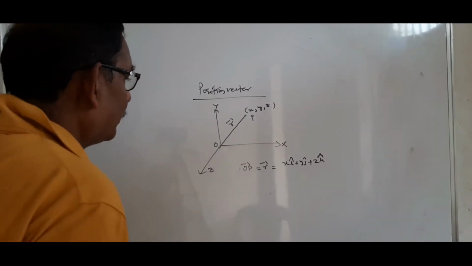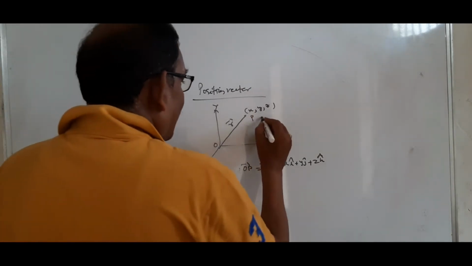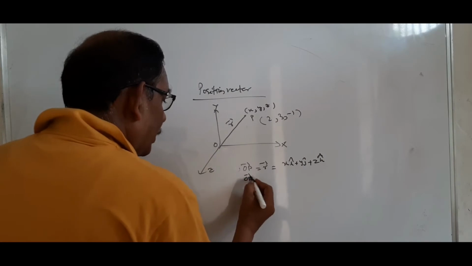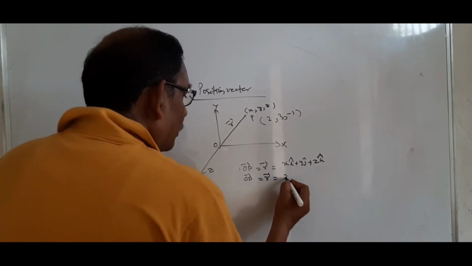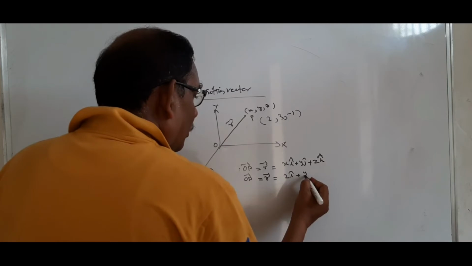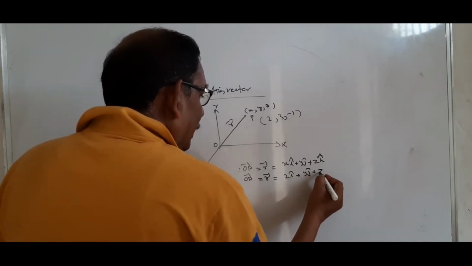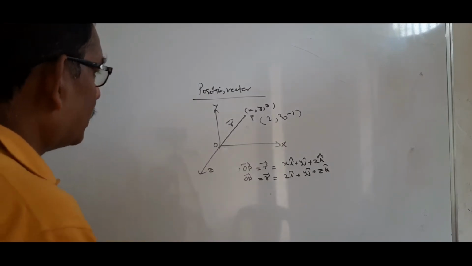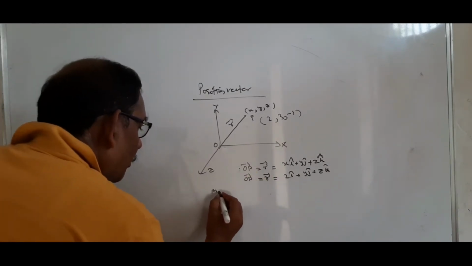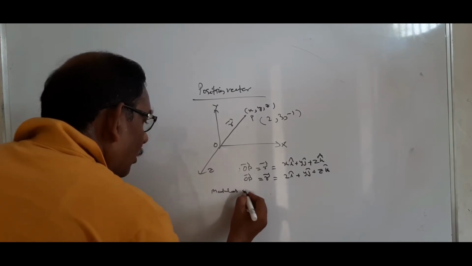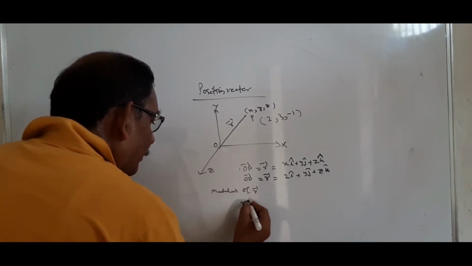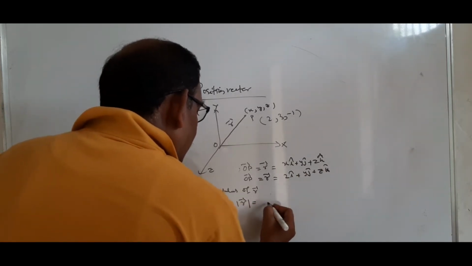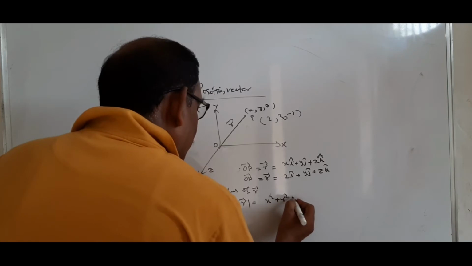Take one example. Suppose in place of x, y, z we have 2, 3, minus 1, then OP you have to represent in this way: 2 I cap, 3 J cap, and minus 1 K cap. If you want to find the modulus of this vector R, it is the square root of x square plus y square plus z square.